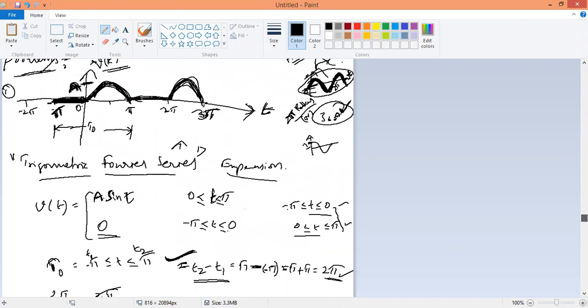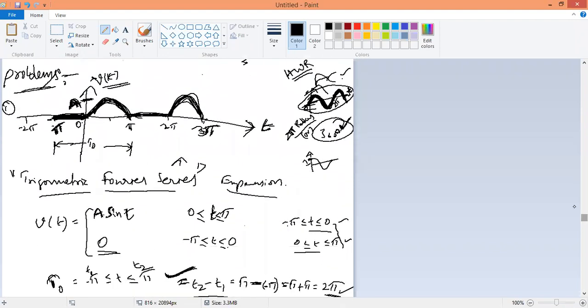Next, the given signal is V of t. Before evaluating the trigonometric Fourier series expansion, first we have to define the signal V of t. In this problem, they asked us to expand the trigonometric Fourier series of the above signal.